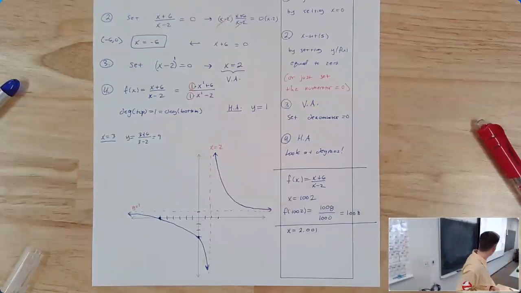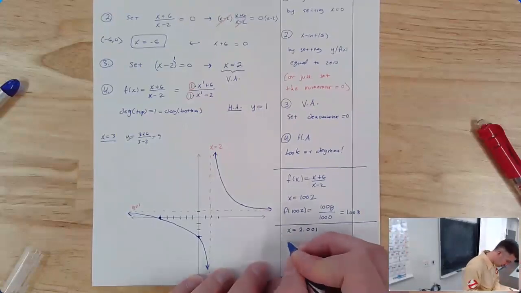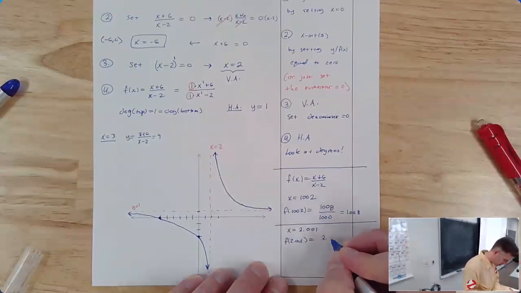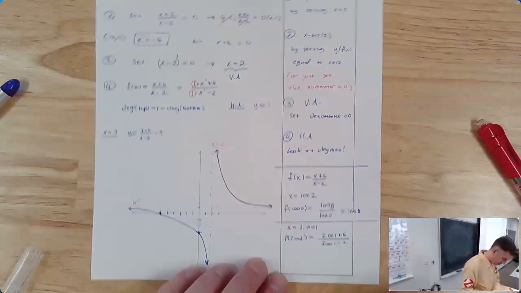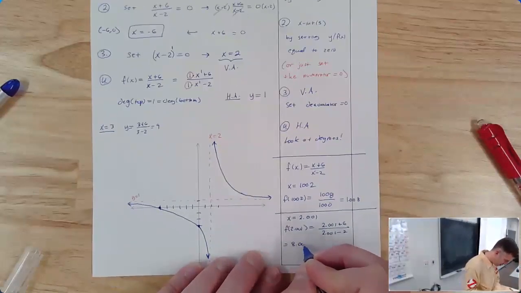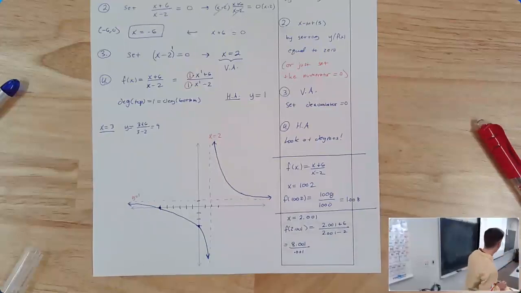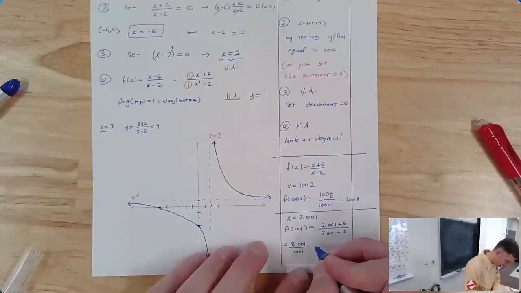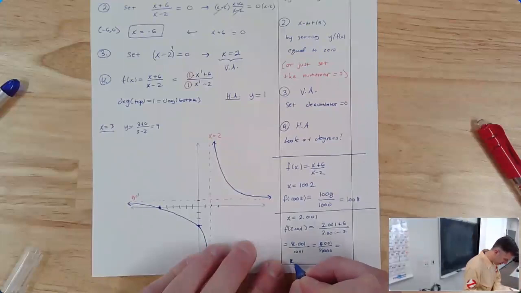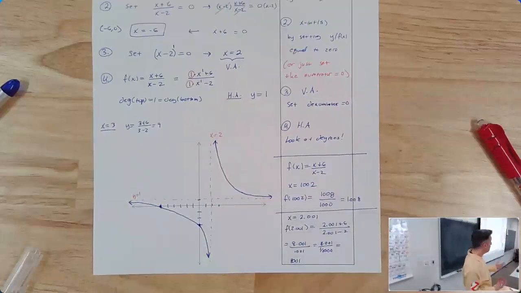If I plug that in, f of 2.001 is going to be 2.001 plus 6 divided by 2.001 minus 2, which is going to be 8.001 divided by 0.001. 0.001 is not 1/10, not 1/100th, it's 1/1000. So this is really 8.001 divided by 1/1000th, which is like multiplying by 1,000. This is 8,001, which is really big.